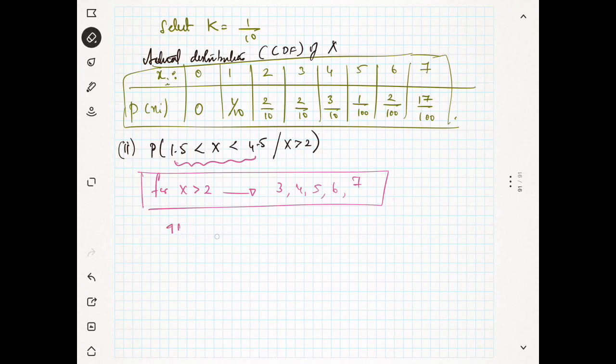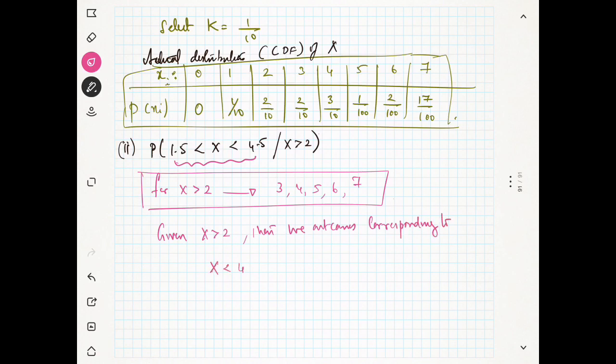That means, given x greater than 2, we have outcomes corresponding to x less than 4.5 and greater than 1.5.